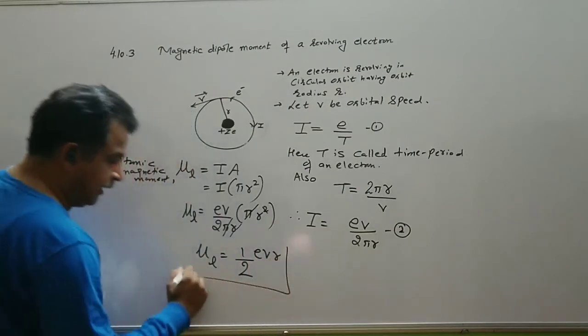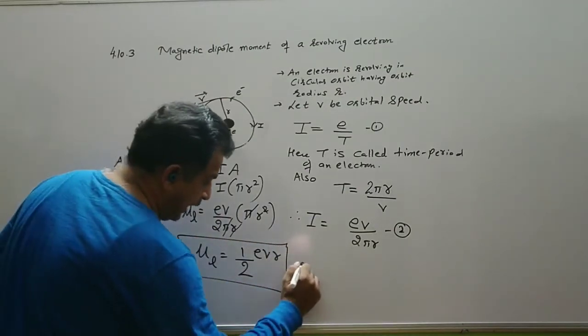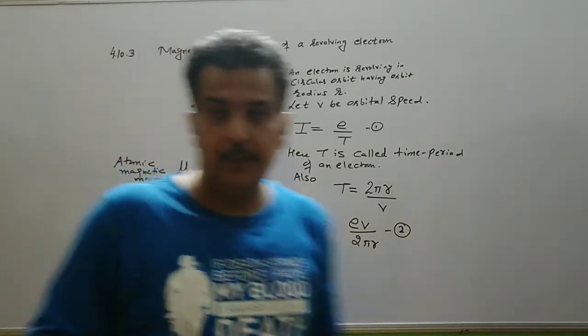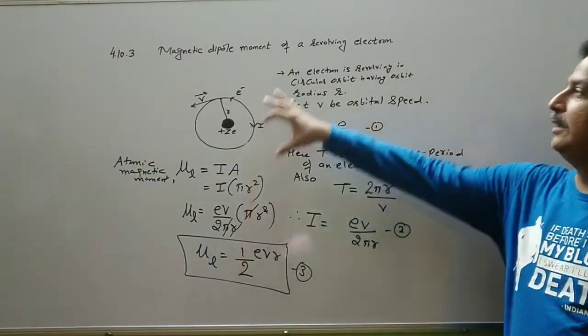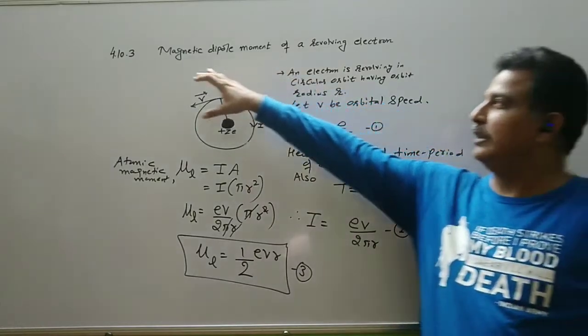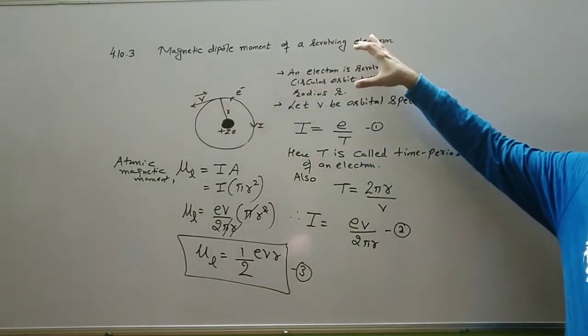So we can remember this formula like half hour. So this is the magnetic moment. So what was our topic? That was the magnetic dipole moment of a revolving electron.